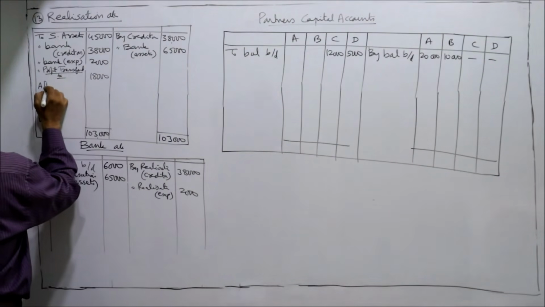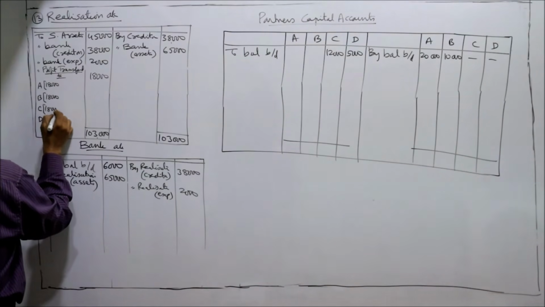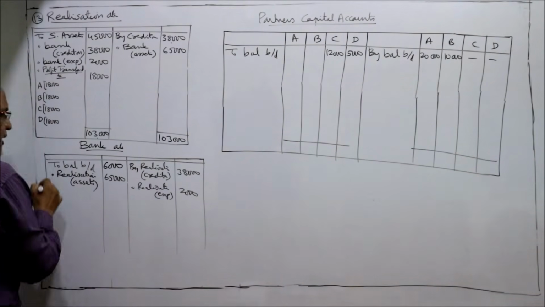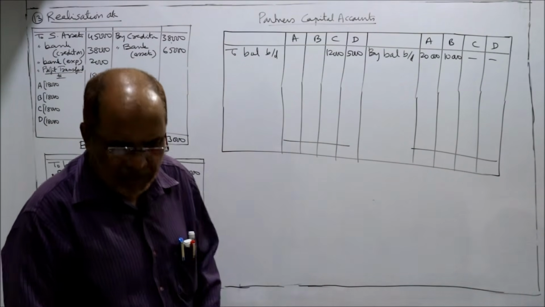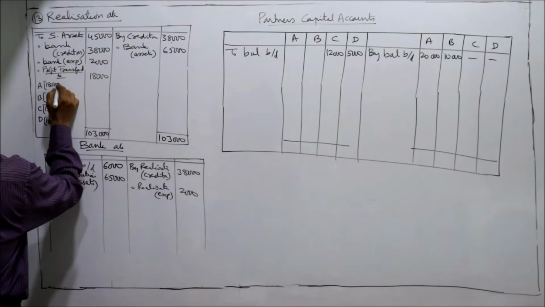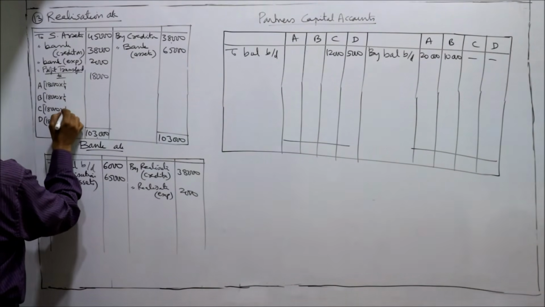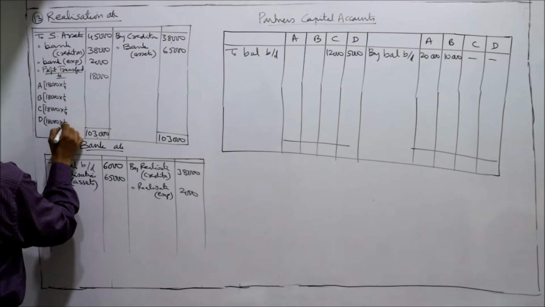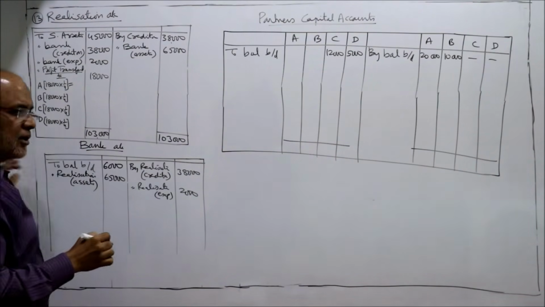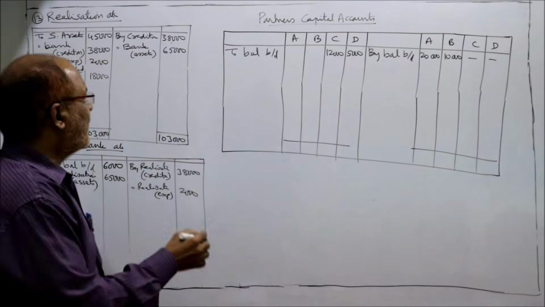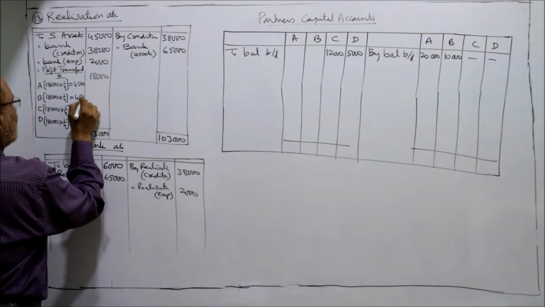Now this 18,000 will be shared by the partners in the old profit sharing ratio. What is the profit sharing ratio here? 1/4, equal partners. So 18,000 divided by 4 is 4,500.